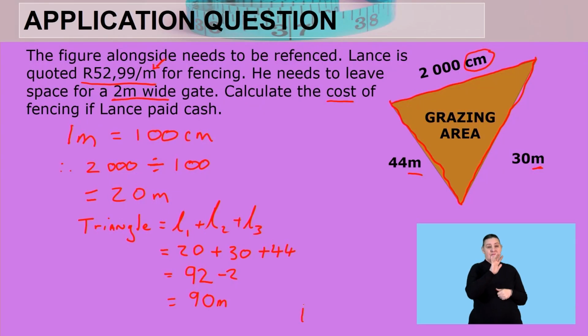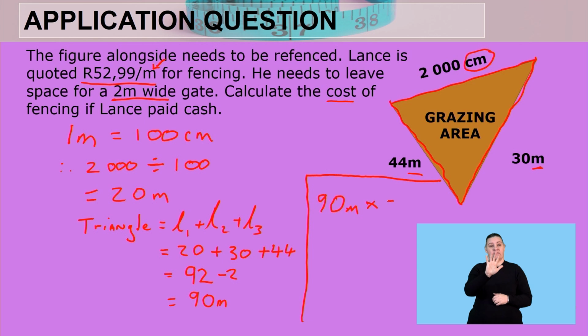So now I know the amount of fencing I need. I've just got to work out the cost. The cost is going to be 90 meters multiplied by 52.99 Rand.